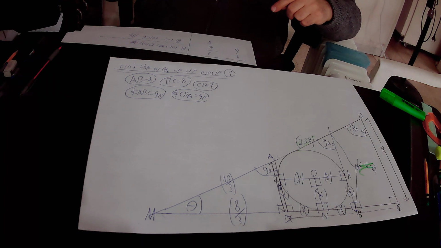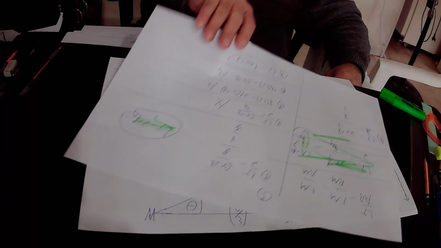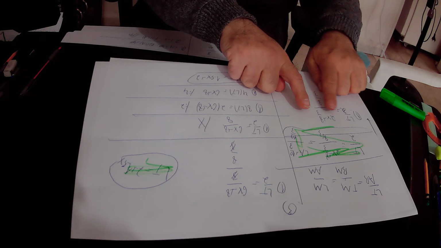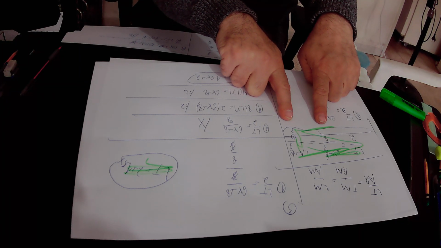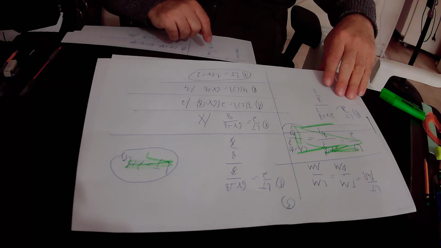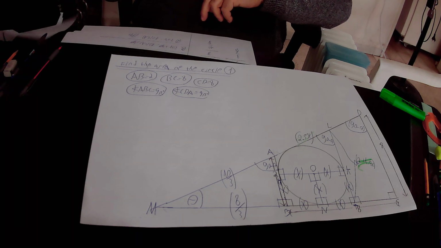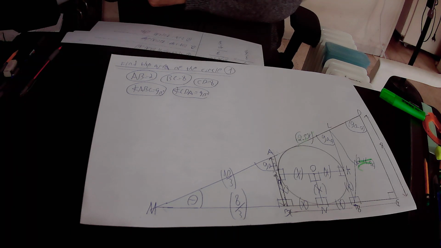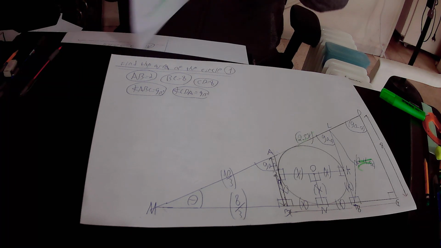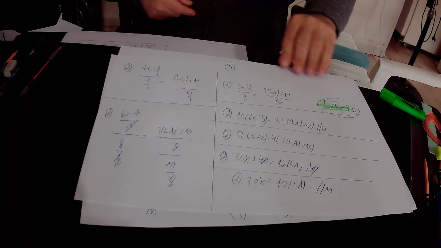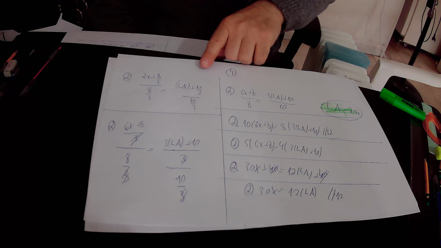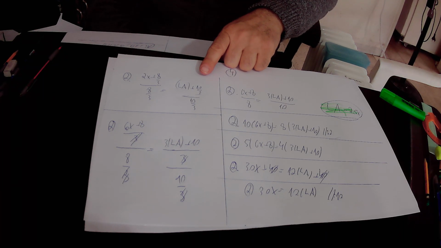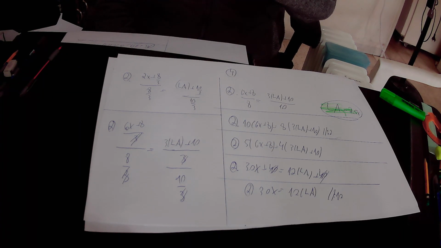Then we continue to focus on the long equation that we created. In this long equation, those two sides are equal to each other. Therefore, we created equation 2 from those two sides that are equal to each other. So according to equation 2, we have here 2x plus 8 over 3 over 8 over 3 equals LA plus 10 over 3 over 10 over 3.